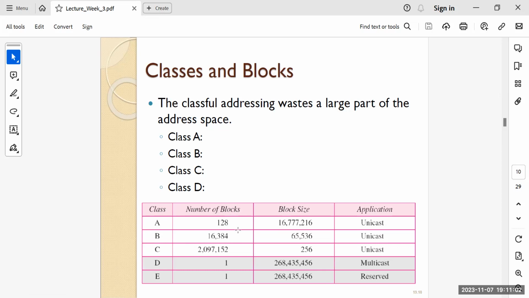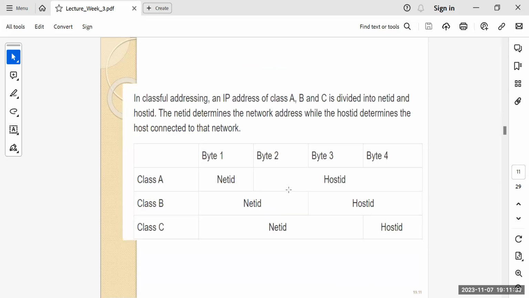So you say, I live in Johar Town, block A, house number 15. Create an analogy of the number of blocks with the blocks of the housing society, and of the block size with the number of houses in that block. For the time being, this is enough. Let's move on and we will come back to that in a short while.